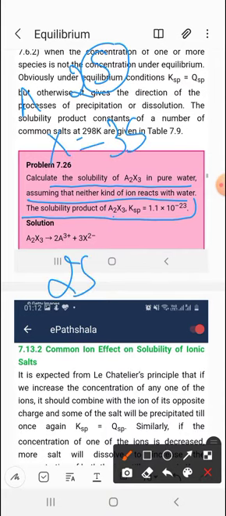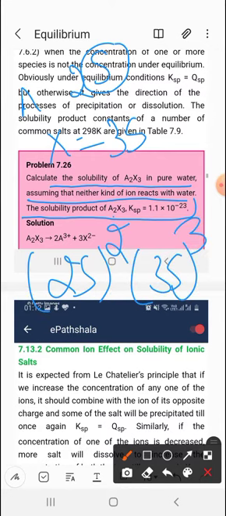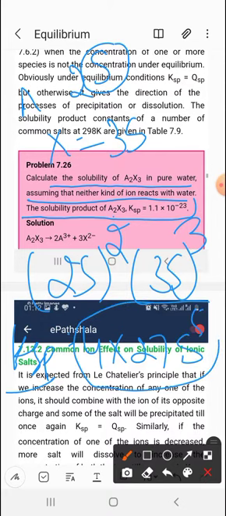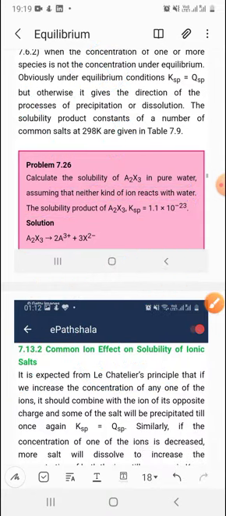Now 2S concentration raised to the power 2, 3S concentration raised to the power 3, so Ksp will be 4 multiplied by 27 and S to the power 5. Just multiply this term, Ksp is given to you, and calculate the value of S by taking the fifth root. So this is how you have to solve this question.